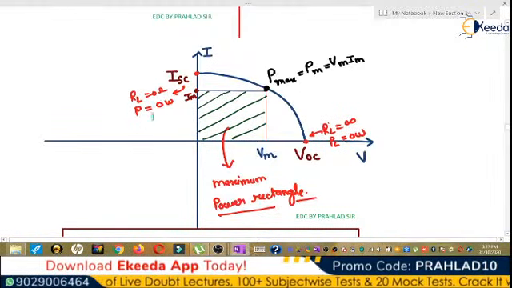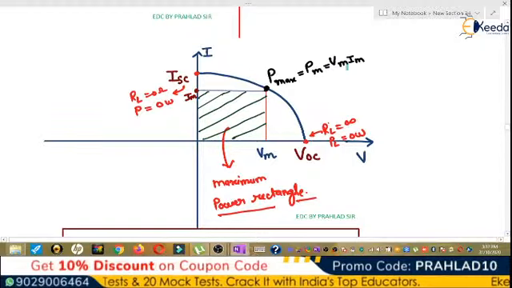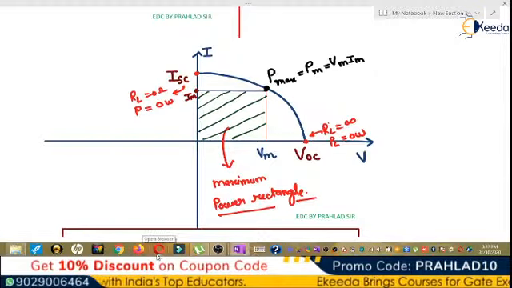It means RL is 0, but power is also 0. But there is a point where voltage is Vm and current is Im. And when we draw a triangle here, it is called the maximum power triangle.